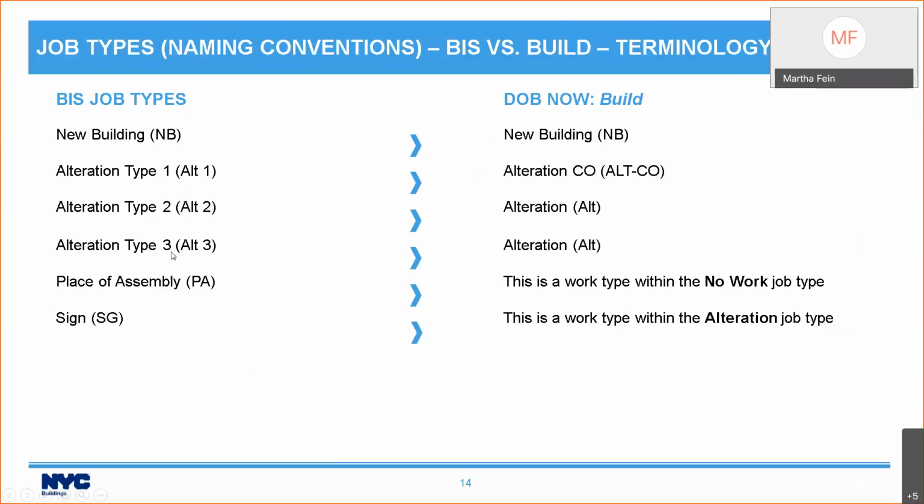Alteration type 2 and alteration type 3 are just being called alteration. Place of assembly is a work type within the no work job type. I'll be talking more about no work job types. And sign is a work type within the alteration job type. So you will see these as we go.